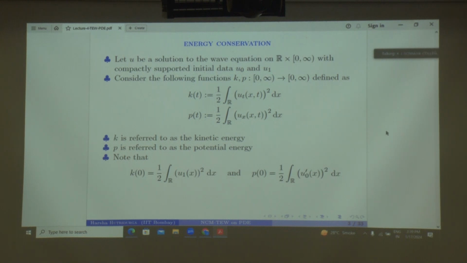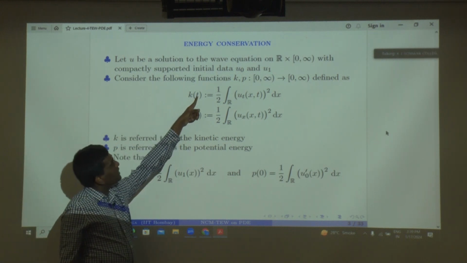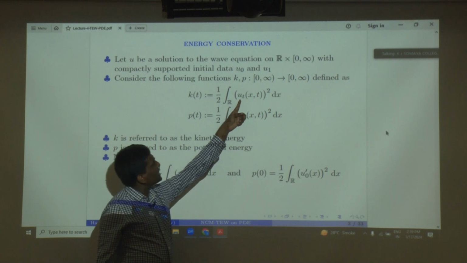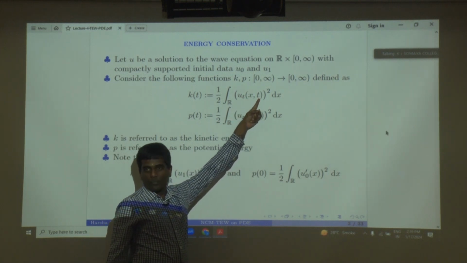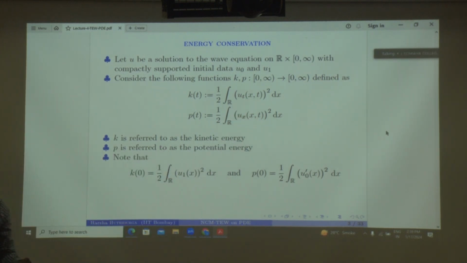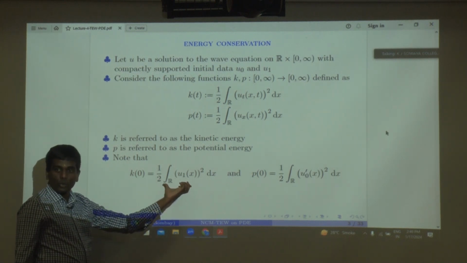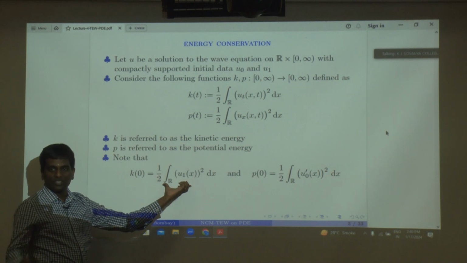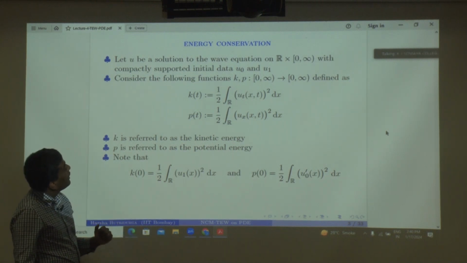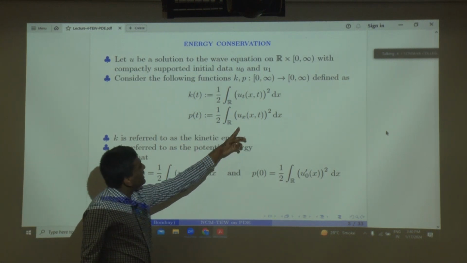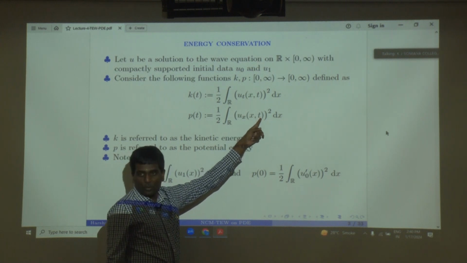So one thing to observe is that at time t is equal to 0, this is just ut(x,0). And we know what is ut(x,0), that is u1. That's a given function. So k of 0 is just this quantity which is known to us. This is some number now. This is not depending on t anymore. Similarly, p of 0 is just ux(x,0).